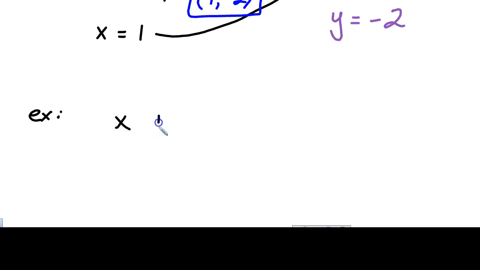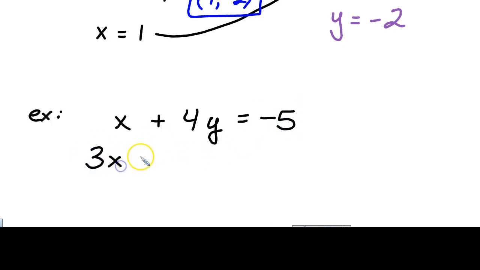For example, x plus 4y is equal to negative 5, and then 3x minus 2y equals 13. In this example, neither the x's nor the y's will easily be eliminated.